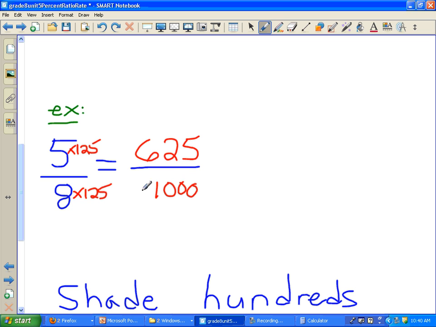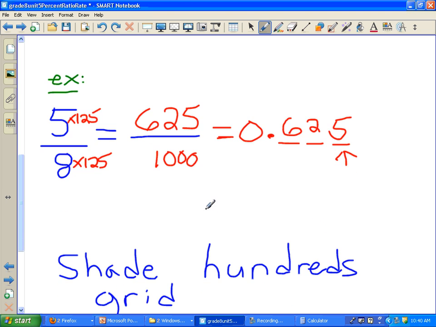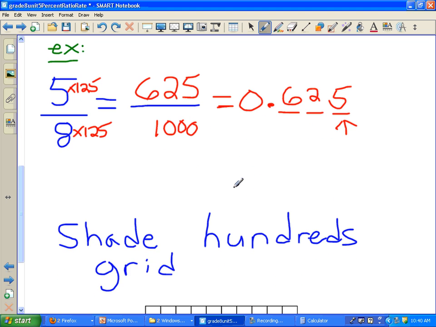625 thousandths. Now you can write anything out of 1,000 as a decimal. It's simply 0 decimal, and we're going to need 3 decimal places because this is my thousandths place. So I'm going to put 625 in the thousandths place. Now that I have this done, I could simply write it as a percent.